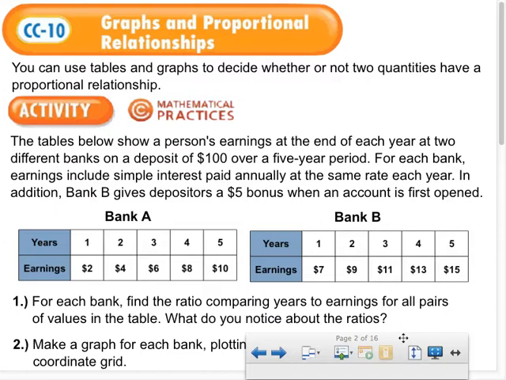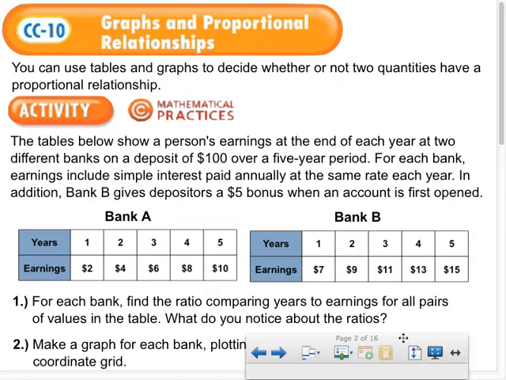So the tables below show a person's earnings at the end of each year at 2 different banks on a deposit of $100 over a 5-year period. So somebody deposited $100 into 2 different banks, Bank A and Bank B, and for 5 years, this is the data, or this is how much interest they accumulated each year, how much they earned.